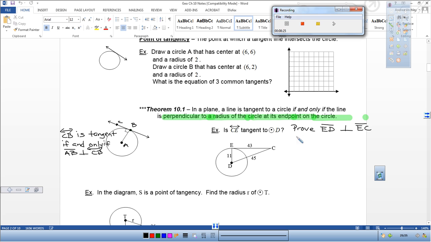Okay, we're going to do that by proving triangle DEC is a right triangle using A squared plus B squared equals the hypotenuse squared.